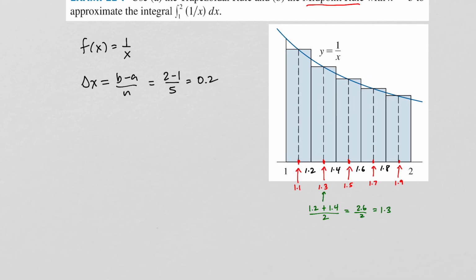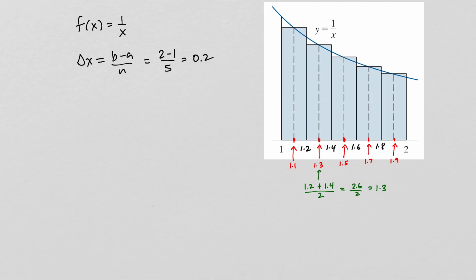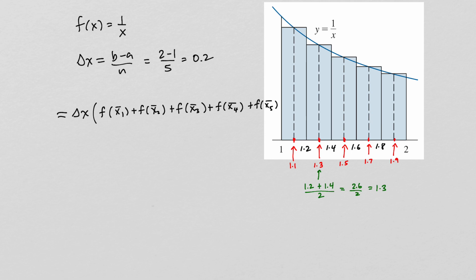Okay, so now let's go ahead and apply the midpoint formula. The midpoint formula is a little bit simpler. It is going to be delta x times f of the first midpoint plus f of the second midpoint plus f of the third midpoint plus f of the fourth midpoint, and finally plus f of the fifth midpoint.